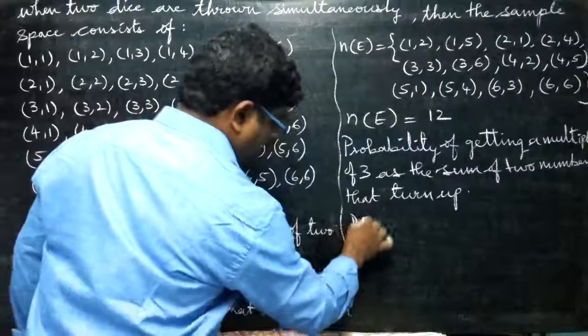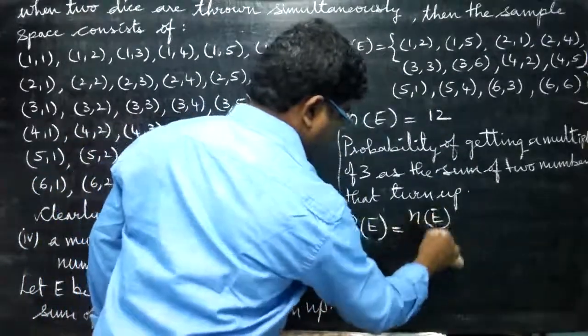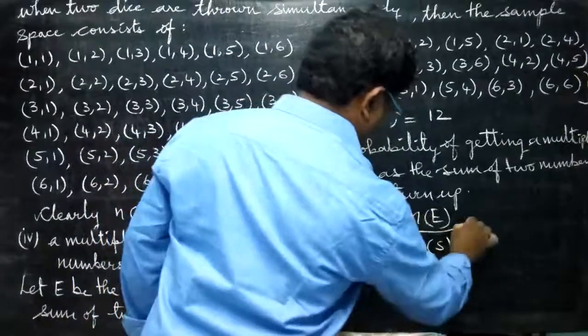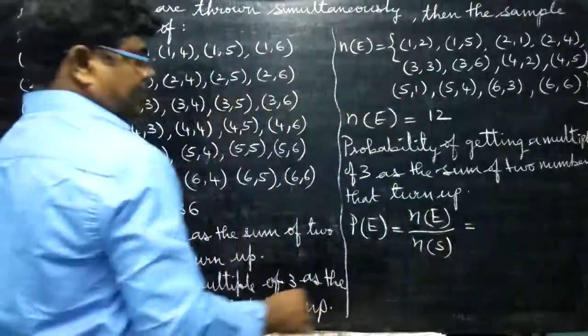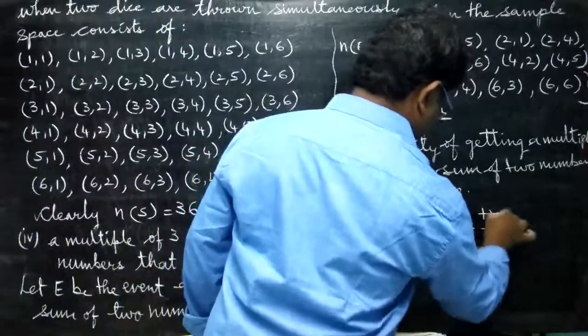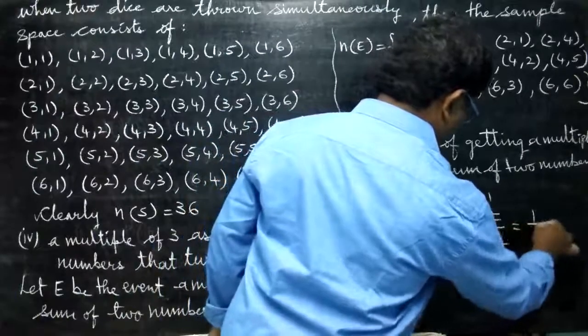P of E is equal to N of E by N of S. How much? N of E 12, N of S 36. Cancel. 12 ones are 12, 12 threes are 36. So 1 by 3.